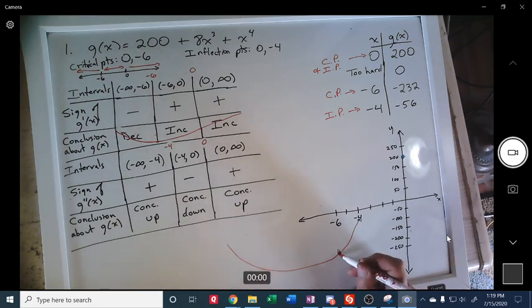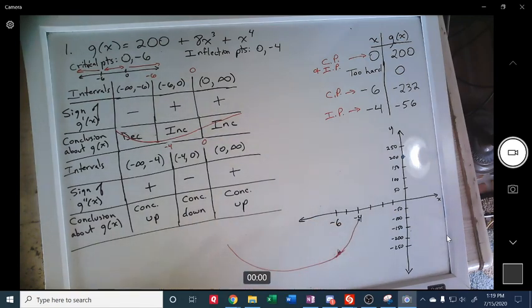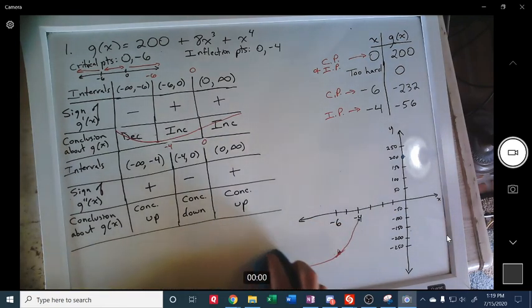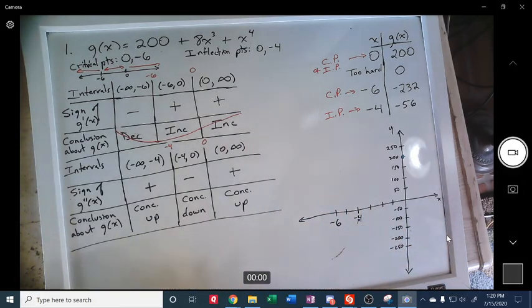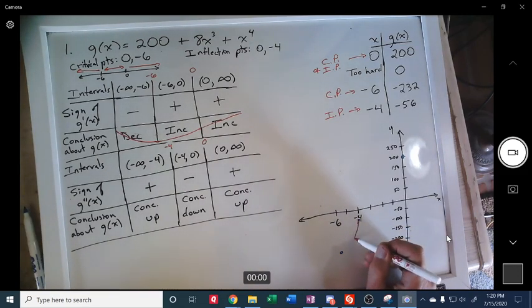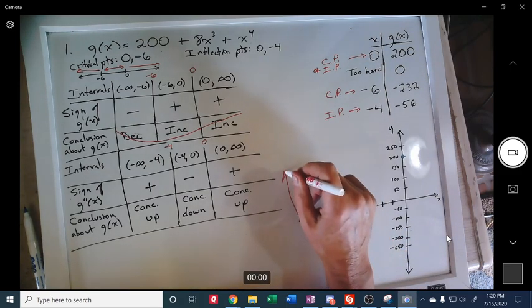So I was kind of on the right track, but I should have finished it up a little sooner. So concave up. We have a blue dot here. We got a concave up, something like that.